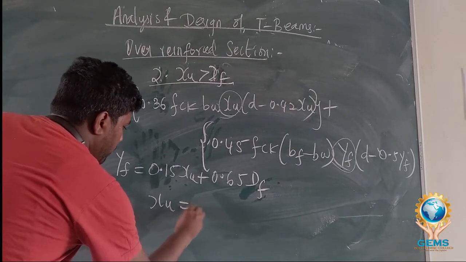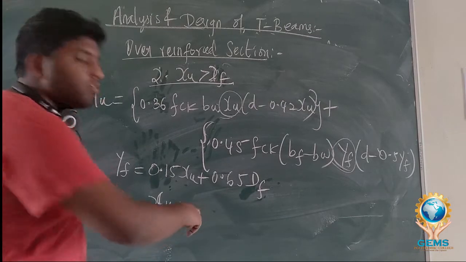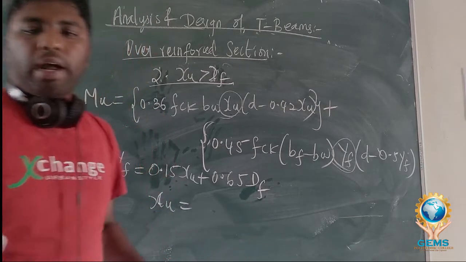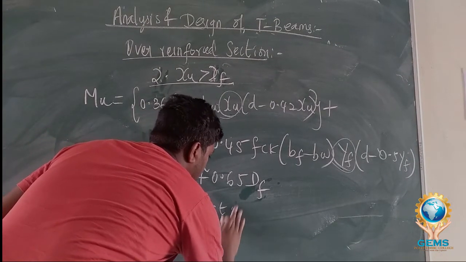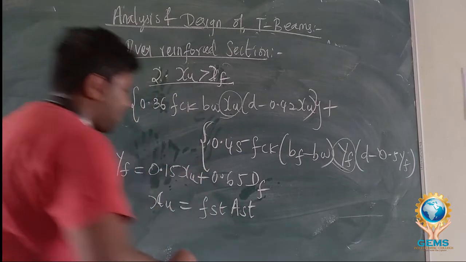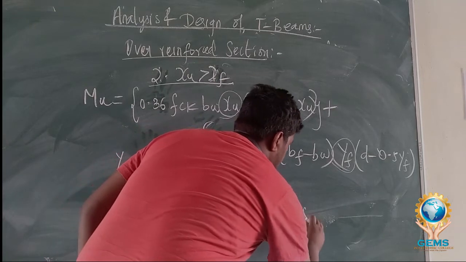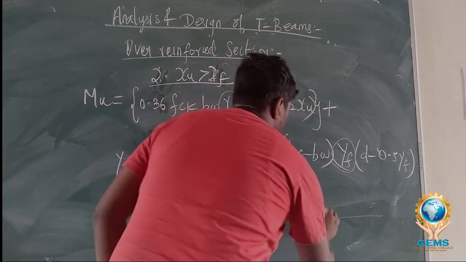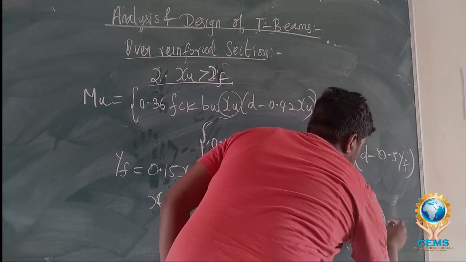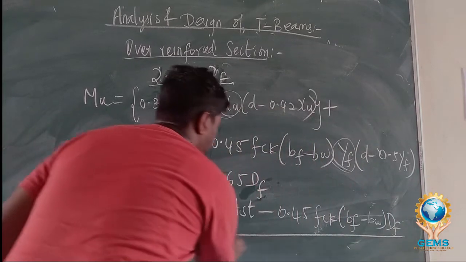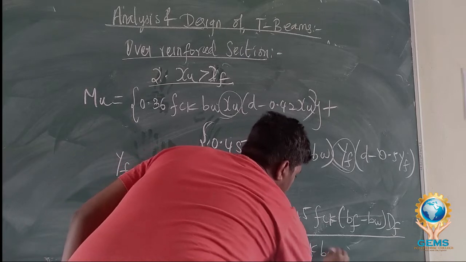XU is equal to the same formula, but instead of 0.87 Fy AST, we write FST into AST, minus 0.45 FCK BF minus BW into DF, divided by 0.36 FCK into BW.